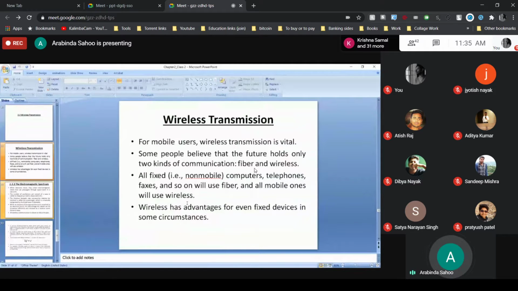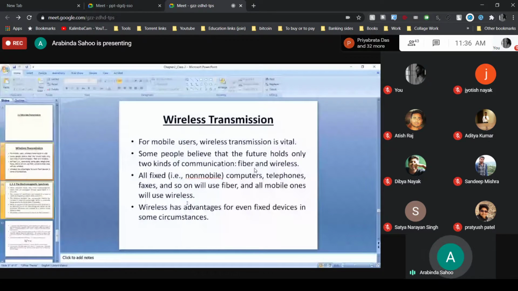In some cases where it is not possible to interconnect the fixed devices using fiber optic cable or coaxial cable, wireless transmission is the only choice to communicate with your fixed devices.